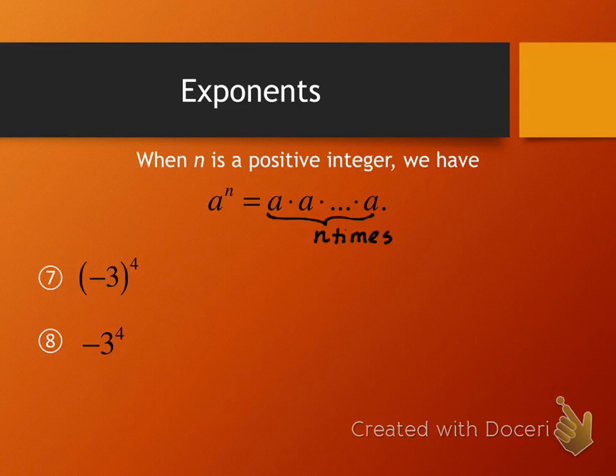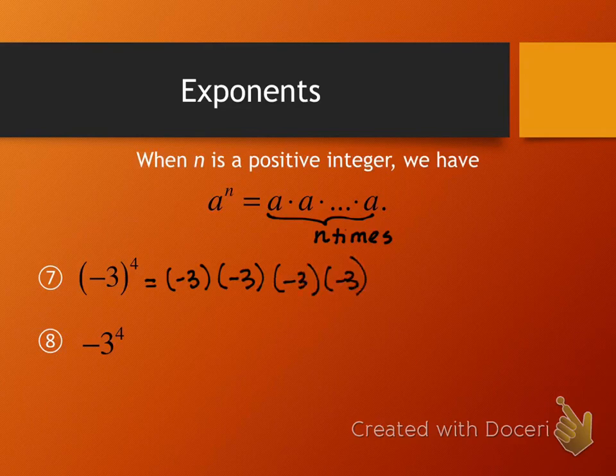Now, 7 and 8 are very similar questions. Of course, the difference is the parentheses, right? And the parentheses actually make a lot of difference. Because when we have number 7 and it says negative 3 to the 4th, what that really means is that I have negative 3 times negative 3 times negative 3 times negative 3.